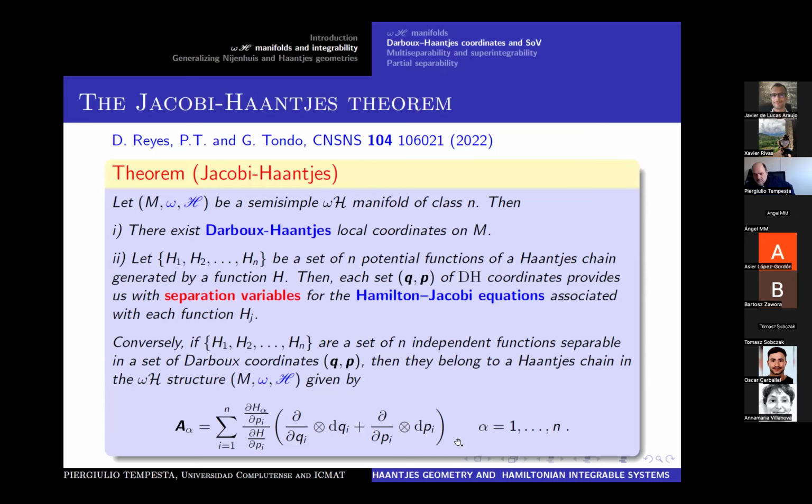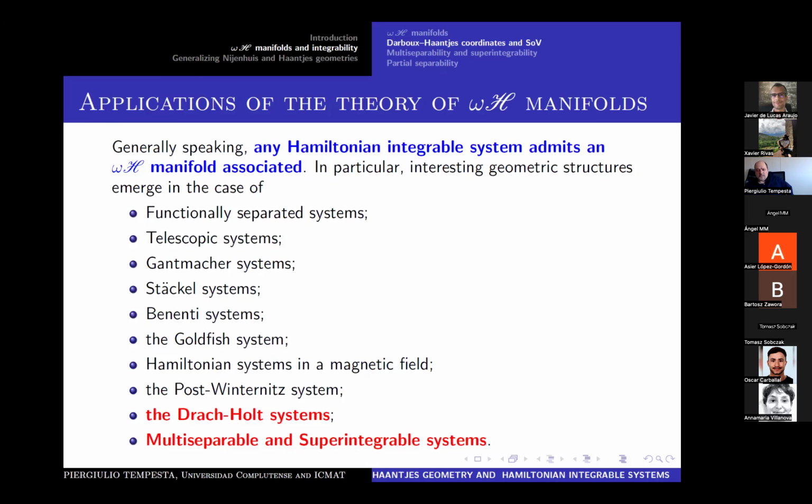The main message is that if you have a semi-simple omega-H structure, then we have privileged coordinates which allow us to separate the Hamilton-Jacobi equations associated with our problem. Then there are other possible applications, of course. Generally speaking, any Hamiltonian integrable system from one side admits an associated omega-H manifold.